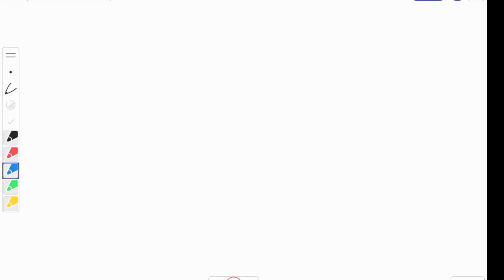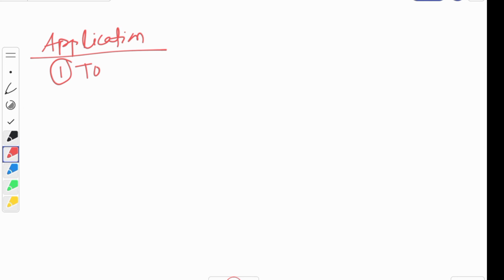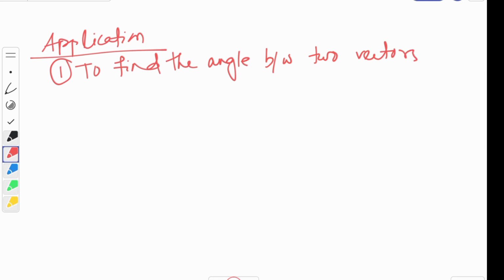So we'll now discuss the applications of the dot product. First one, very important one, is to find the angle between two vectors. We can find out the angle between two vectors.